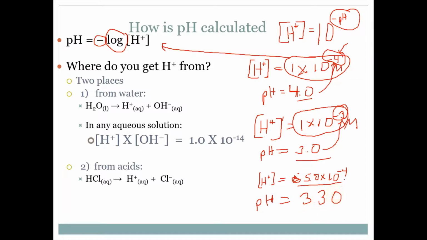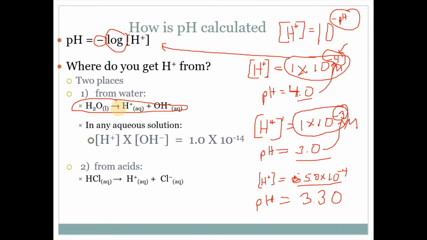Okay, so that's where we get pH. It's not a made-up number. We didn't just say, hey, let's make 7 the middle. It kind of worked out that way. It worked out that when you have water by itself, the concentration of hydrogen ion, if you have this perfectly crystal clear, pure glass of water, you never just have water in it. There is a dissociation reaction going on in water. And it's an equilibrium.